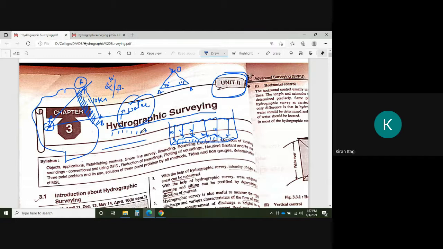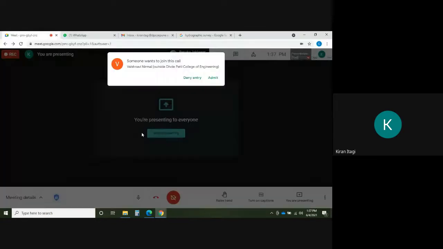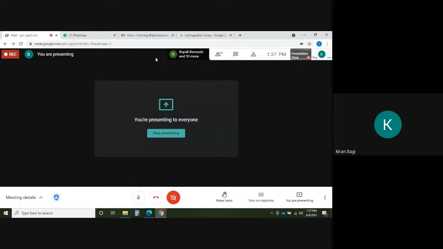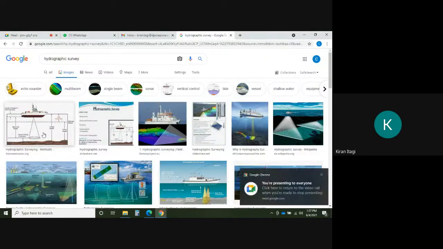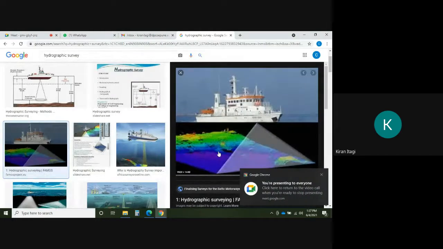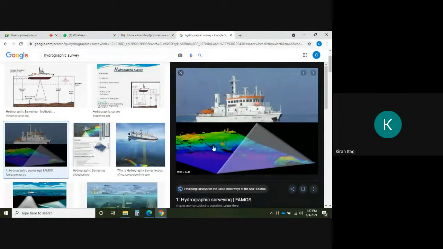If I show some figures, you see some figures like this. These all come under the hydrographic survey. They will determine the strata, how it is at the bottom.